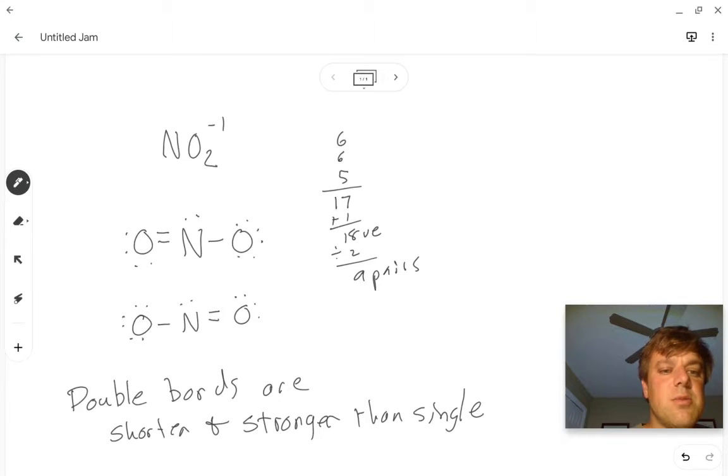But if we go back to this, if we have a double bond in one place and a single bond in the other, you would expect that this bond is longer than this bond.